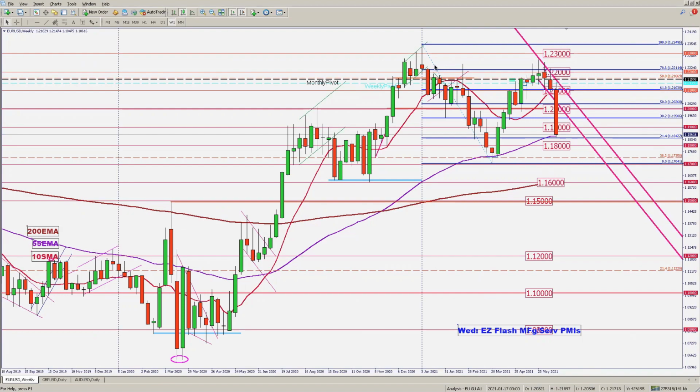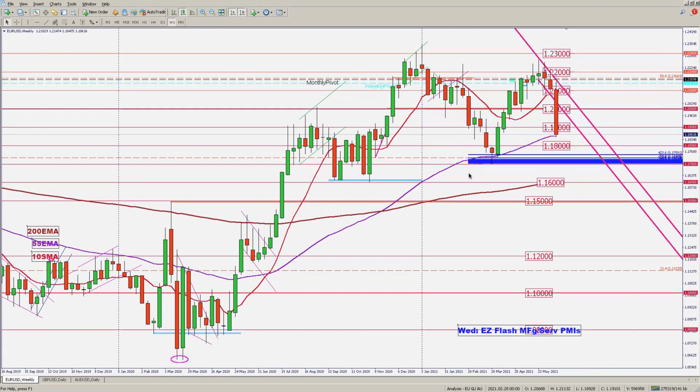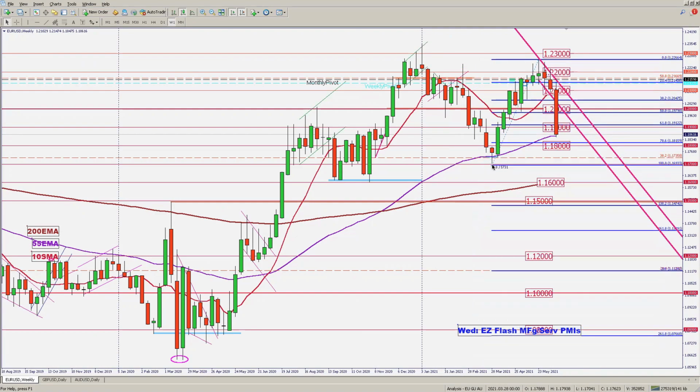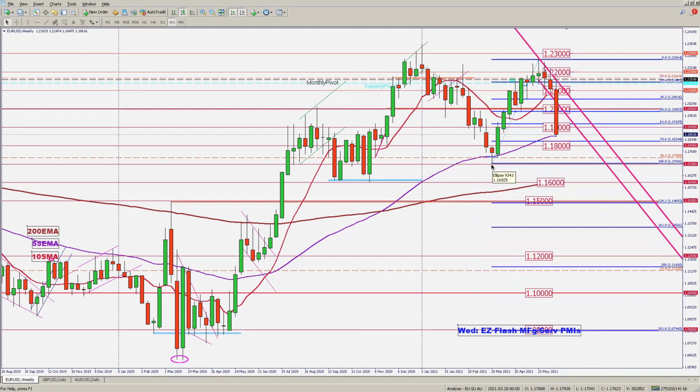So we can either leave this FIB retracement here, or we can also change this over to this one here, where potentially it could extend further.